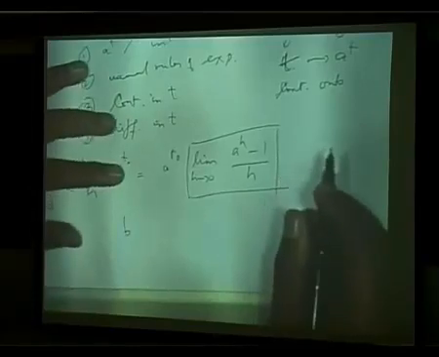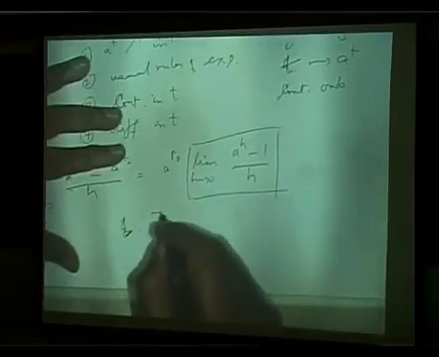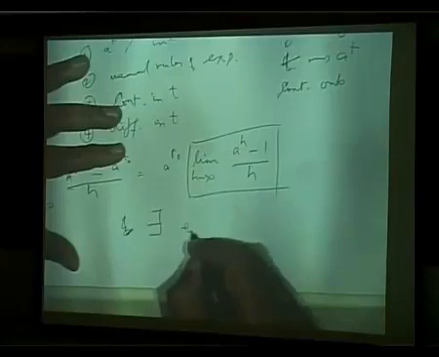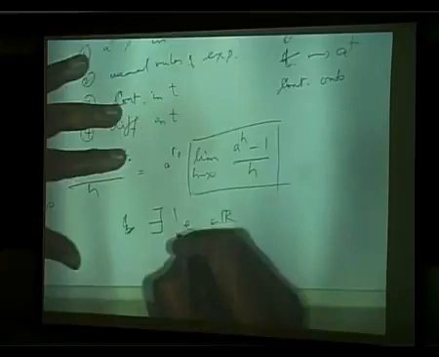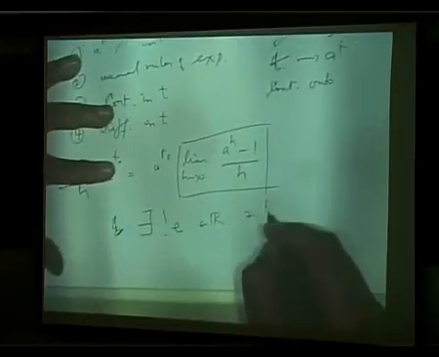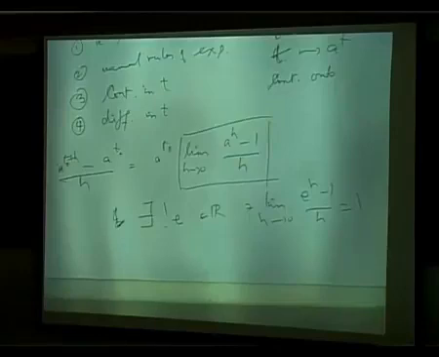What one is saying is there exists one special real number, e, such that limit as h goes to 0 of e to the h minus 1 by h equals 1. There is a unique real number with this property. So this pins down that number as absolutely unique.